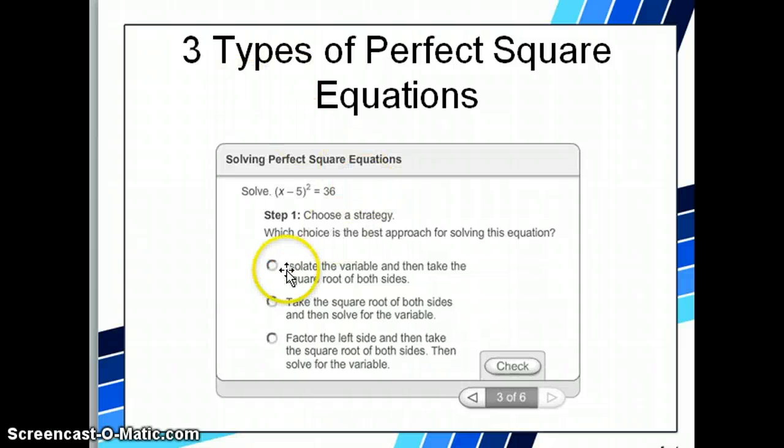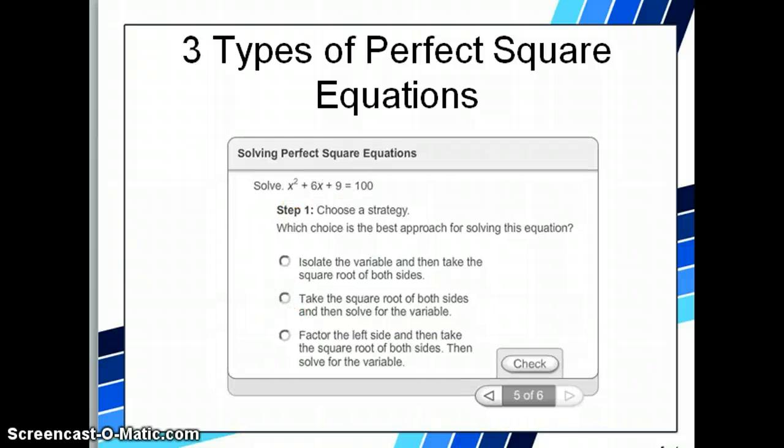When I have one that looks like this, where I have a perfect square on the right and I have a parentheses on the left, that means I just want to take that square root and then solve for the variable. The last type is where we have that perfect square trinomial on the left and a perfect square on the right. So I'm going to factor the left side so that it can look like those parentheses and then take the square root.